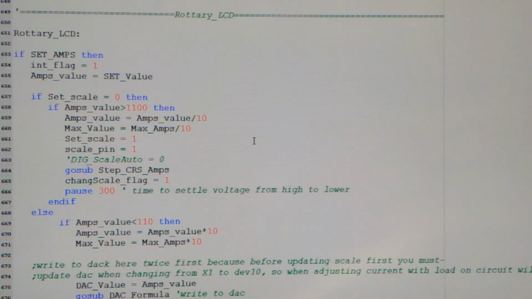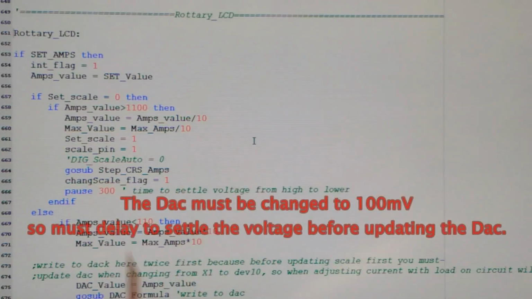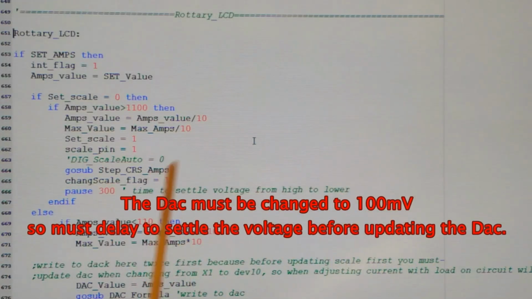But if your load is on, if it was reading, for example now, let's say 1 volt, which stands for 1 amp under the times 1, now it's going to be divided by 10, so now it's going to be 100 millivolts. The circuit, because I've got the RC networks to filter the AC to DC and smoothing out, there's going to be a delay before that can settle down to the right correct voltage.